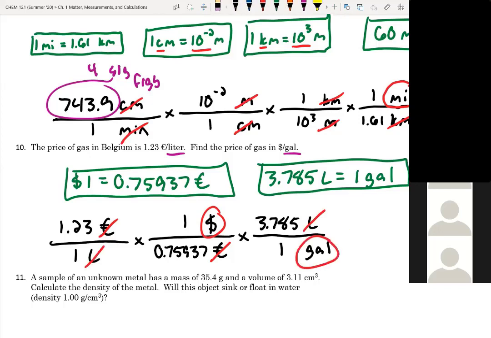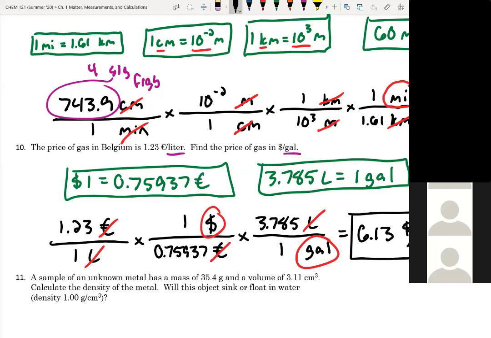Let me check my math here. This is one I would do in my calculator: 1.23 times 1 divided by 0.75937 times 3.785 is giving me 6.13 dollars per gallon.